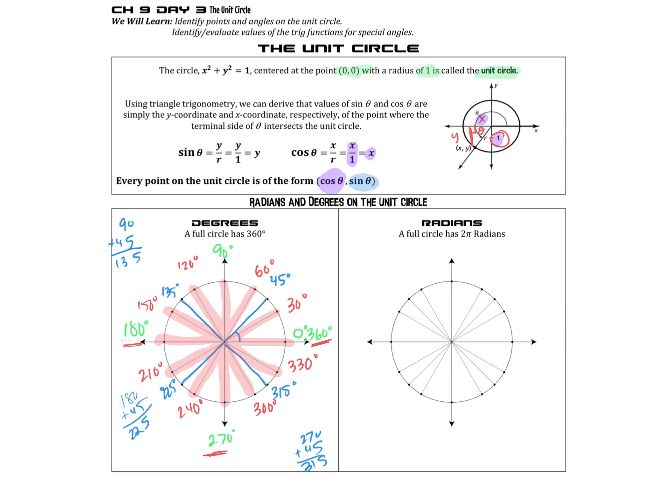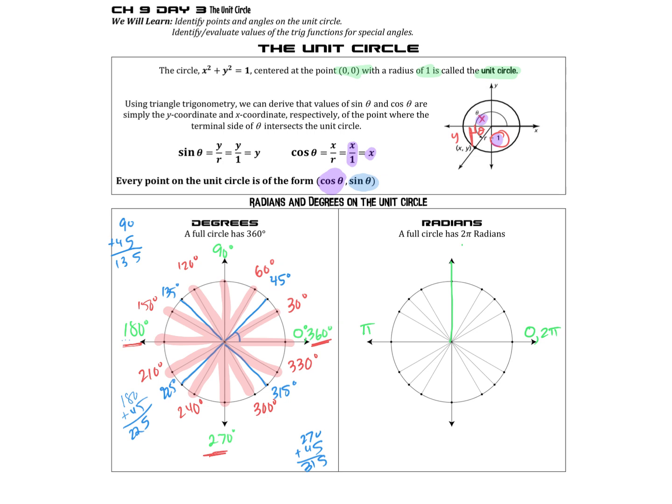Now radians, which we're really trying to build that comfort with, we're going to do it in the same way, but we're going to be writing our angles in terms of radians. So we learned in the last section that we start with 0 radians, halfway around the circle is pi radians, all the way around the circle is 2 pi radians. So if I cut that in half, how many radians have I gone?